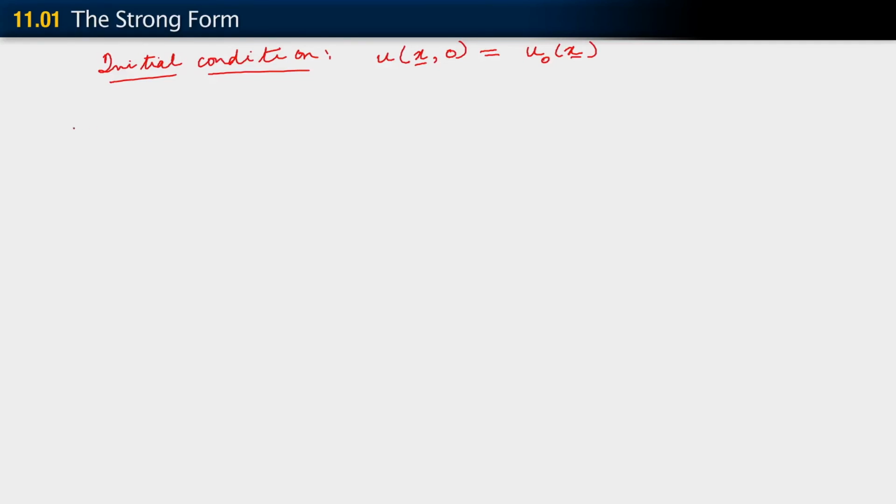What I'm going to do here is just make one or two remarks. The first remark is that we need to say something about this new coefficient we've introduced, rho. For a heat conduction problem, can you tell me what rho is?